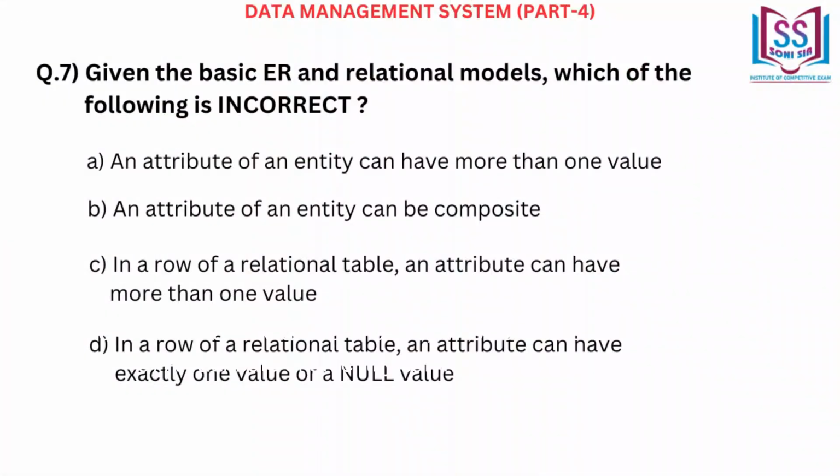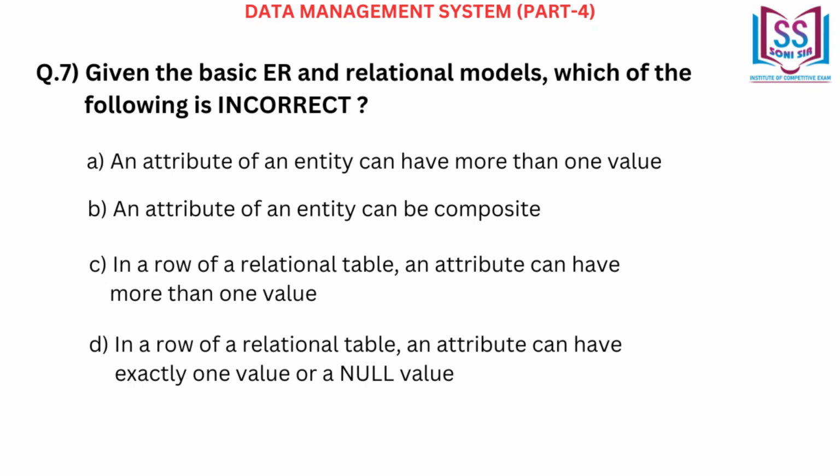Given the basic ER and relational models, which of the following is incorrect? A. An attribute of an entity can have more than one value. B. An attribute of an entity can be composite. C. In a row of a relational table, an attribute can have more than one value.